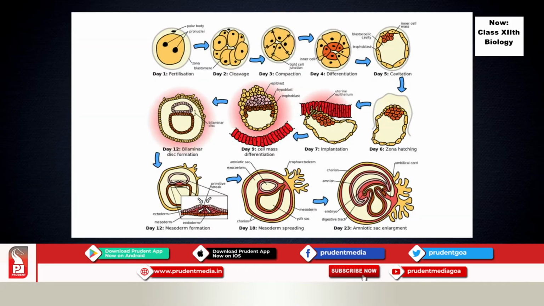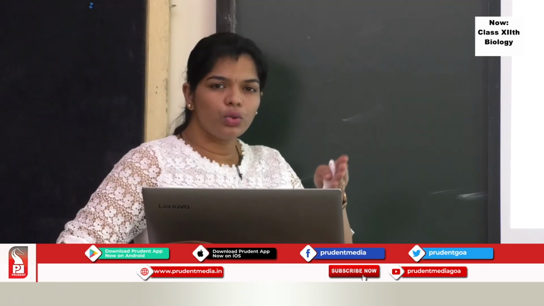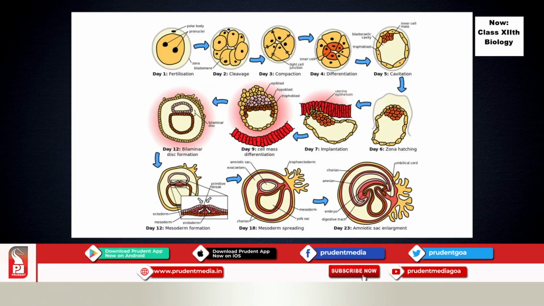Something like this, if you can have a look. Fertilization takes place followed by cleavage from 2 to 4 cells, 4 to 8, 8 to 16. When it reaches around the 16 stage, it is called morula. The morula will further divide to form the blastocyst.